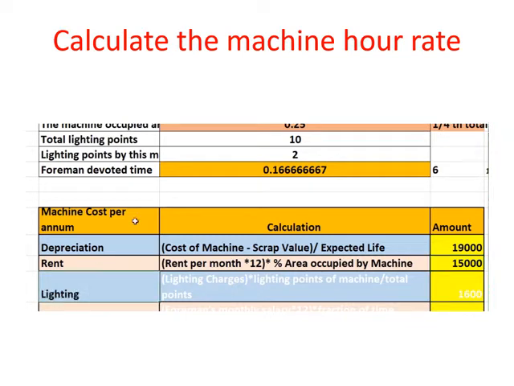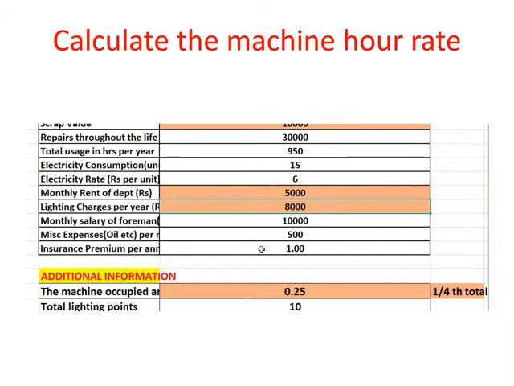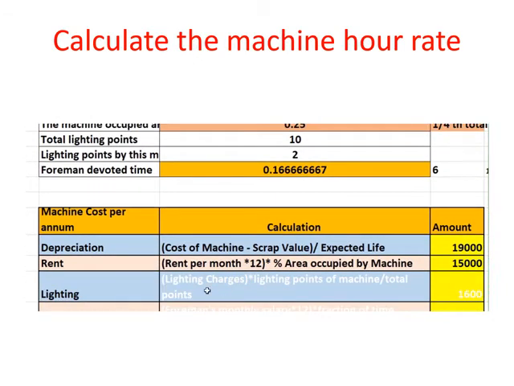Next is lighting. The lighting charges per year are given directly. Then what you have to do? You need the lighting points for this machine. So how will you calculate? Yes, you are right.